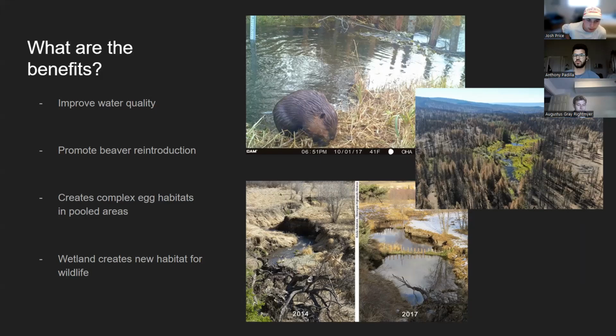It's also good for creating wetlands, which is one of the main reasons we were looking at it. The backflow of the BDAs starts to reintroduce different wildlife by creating new habitats that the wetland has started to produce.